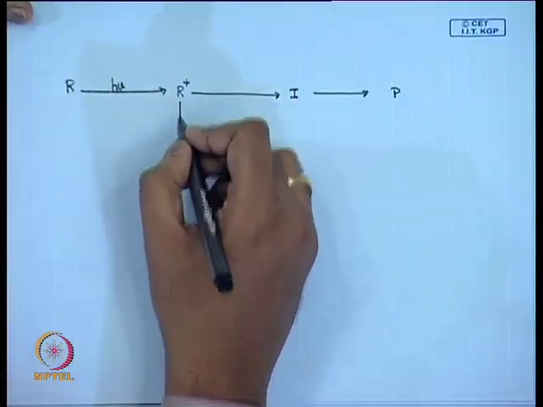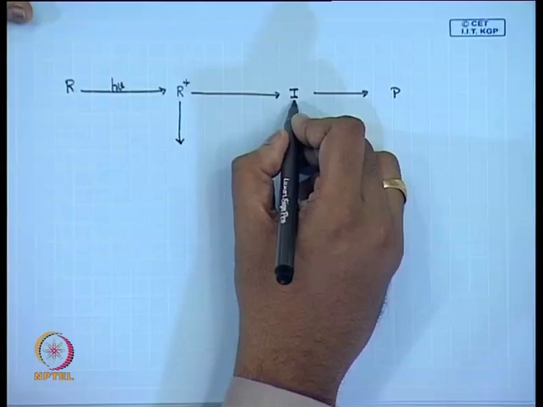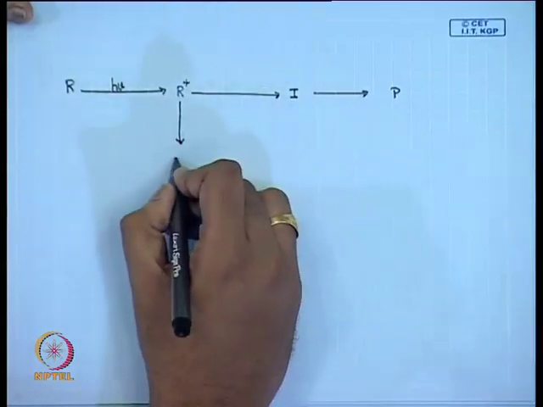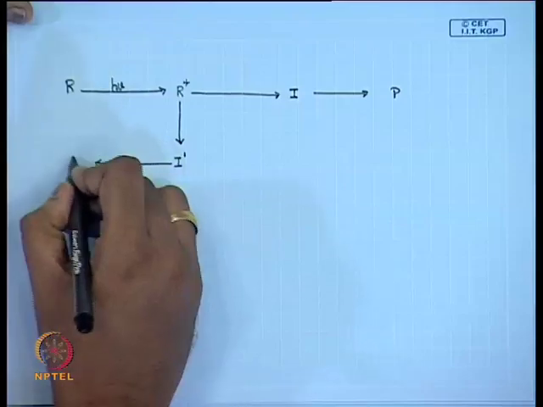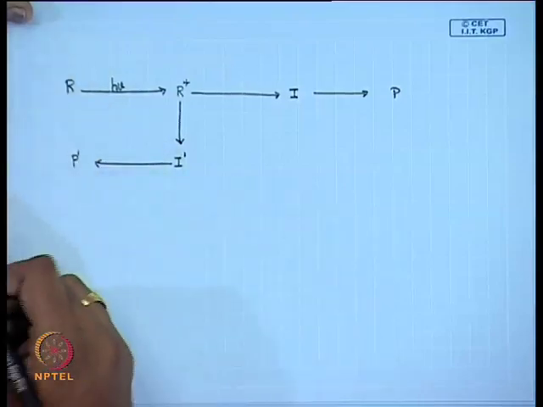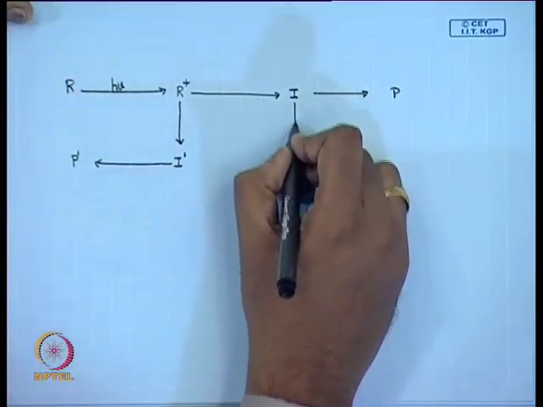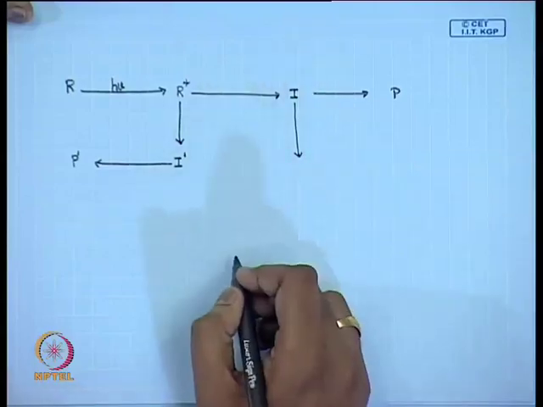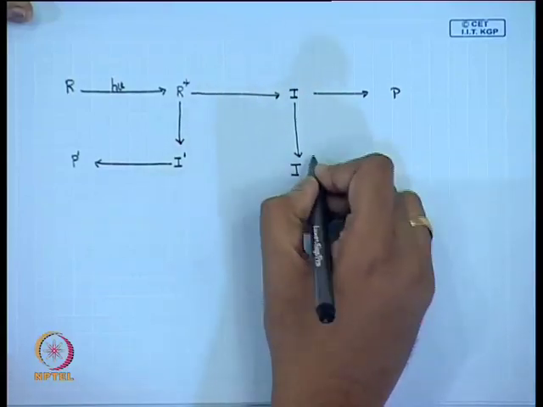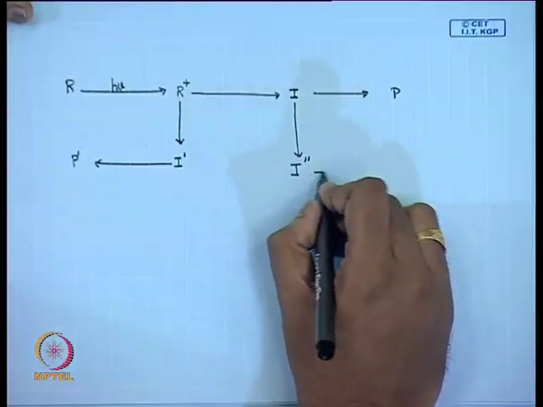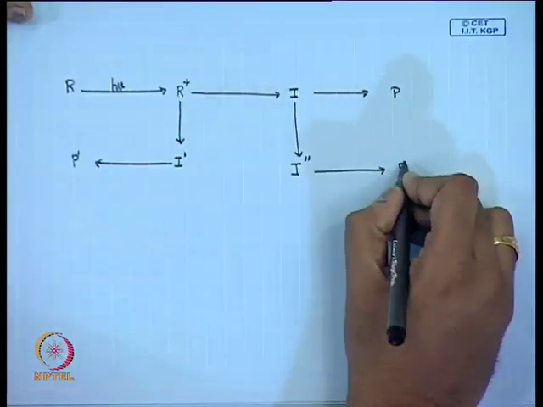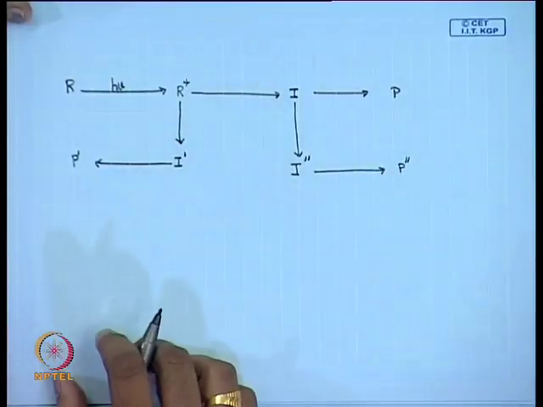But this R star can not only give me one intermediate, it can give me another intermediate which we call I prime, and this can give me another product which we call P prime. In the same way, your I can also give me another intermediate which we call I double prime, and this can give me another product, P double prime.